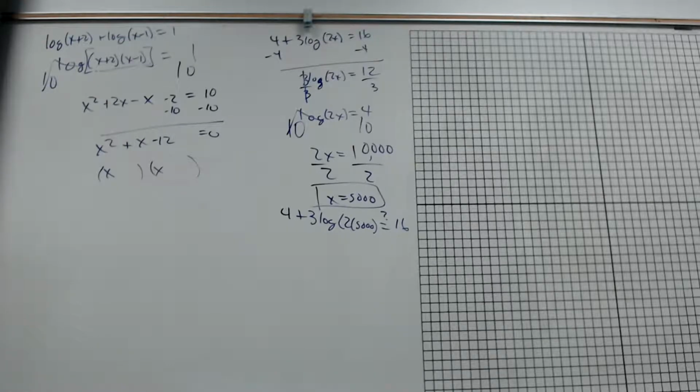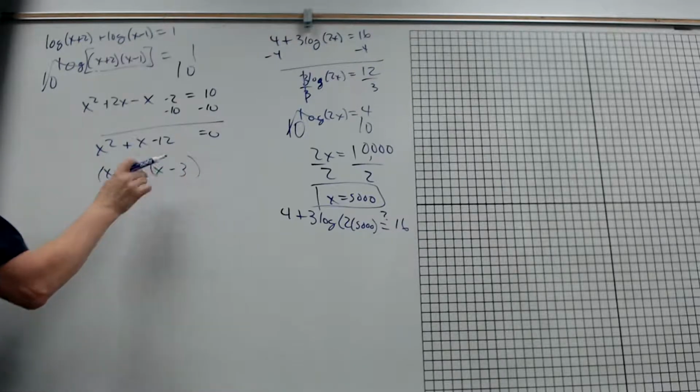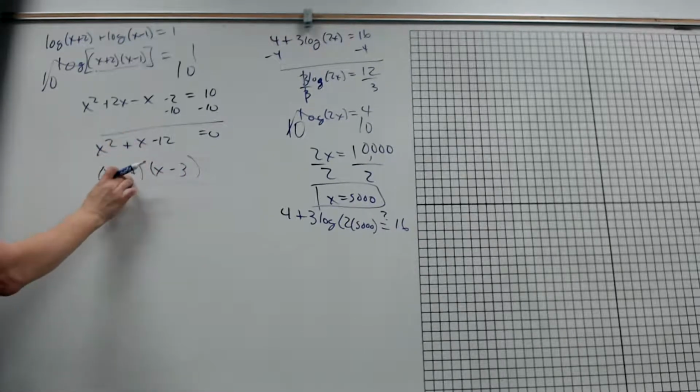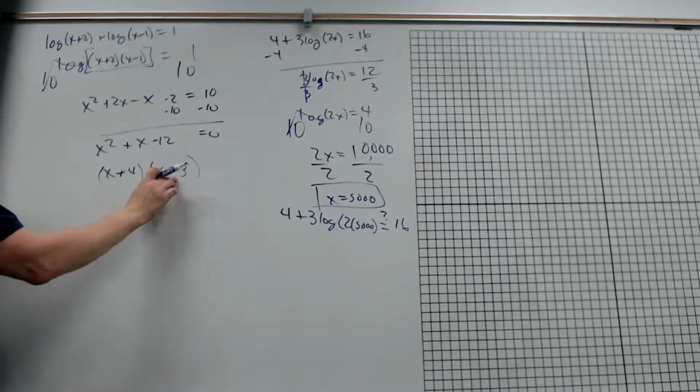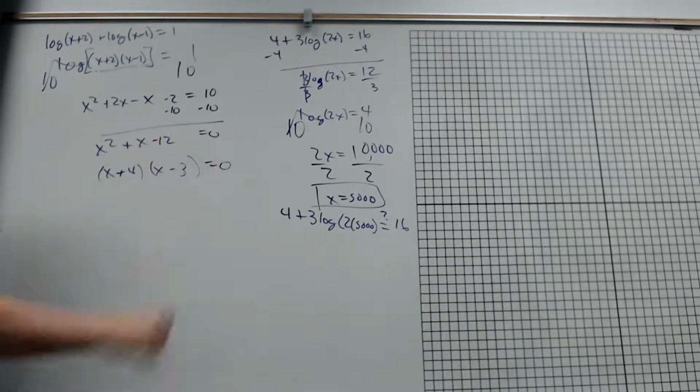Factors of 12: plus 4 and minus 3. Plus 4 minus 3 is plus 1. Positive 4 times negative 3 is negative 12 equals 0.